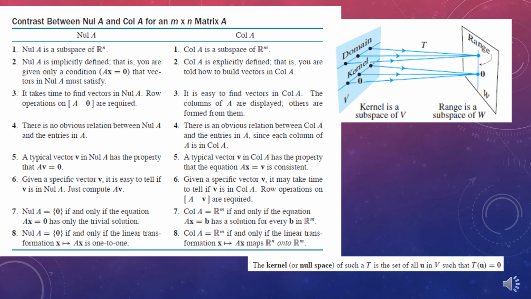The null space is implicitly defined. You're given the condition Ax equals 0, and you're trying to find all vectors that satisfy that equation. But the column space is explicitly defined as the set of all linear combinations of vectors that you're given. If you're trying to find your null space, you have to take your system and RREF it.